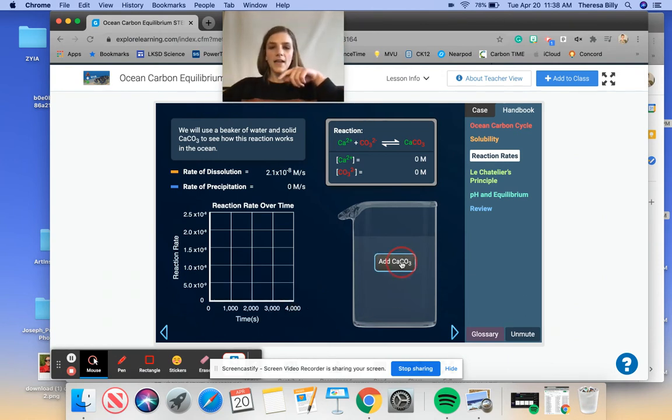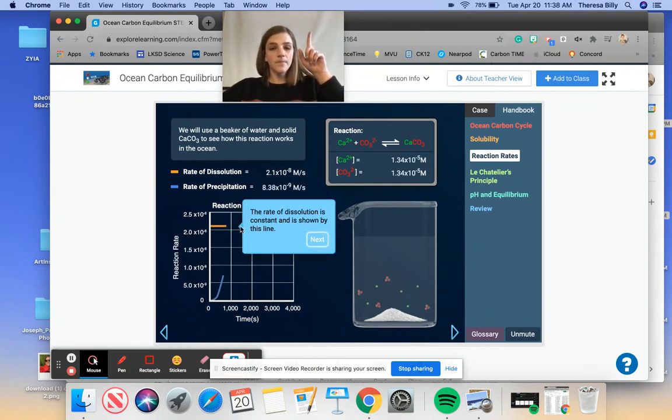But once we add calcium carbonate to this beaker, we're going to notice some changes. Notice again that the rate of dissolution is constant because we have all this solid calcium carbonate just constantly dissolving and creating these calcium and carbonate ions in the water.